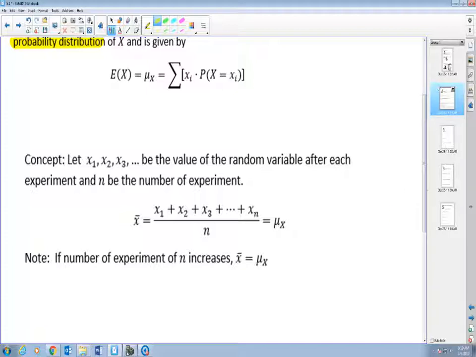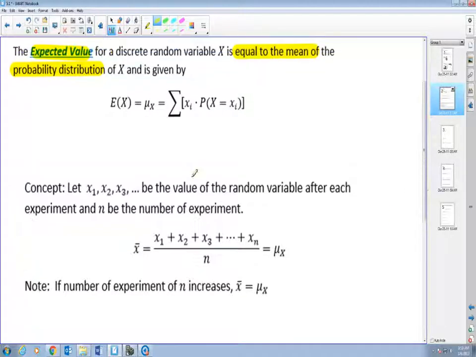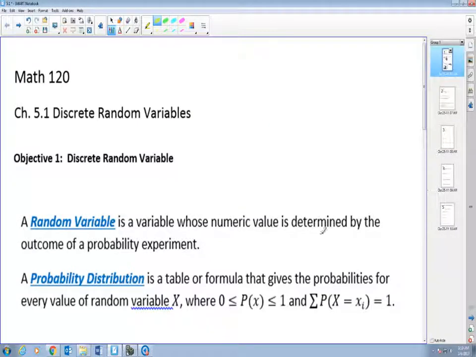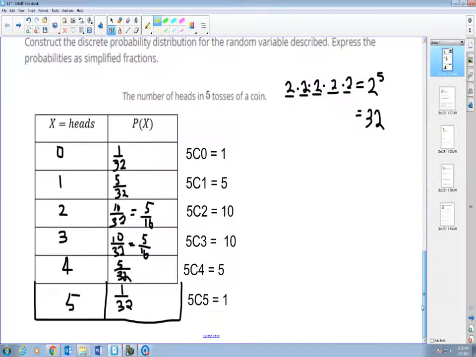If you look at this formula, the expected value, it says if I multiply each individual xi times its probability and add them all up, eventually it will equal the mean of the entire distribution.